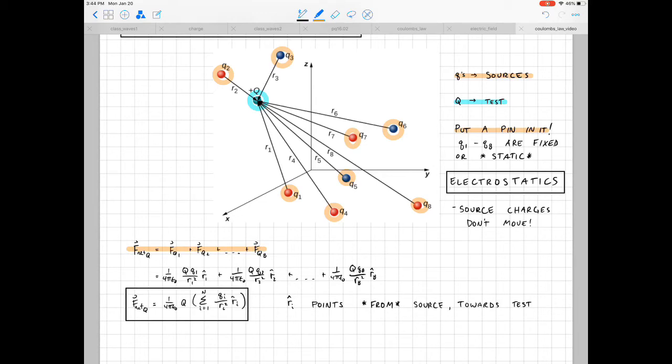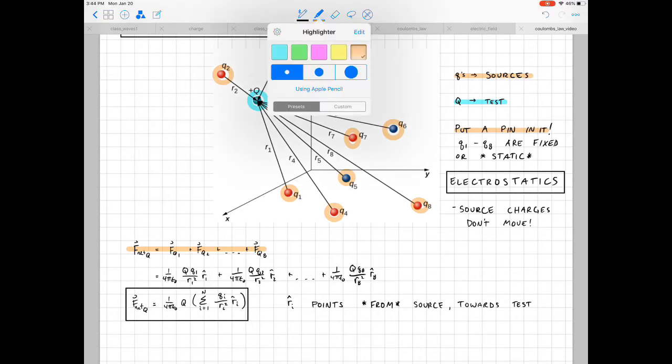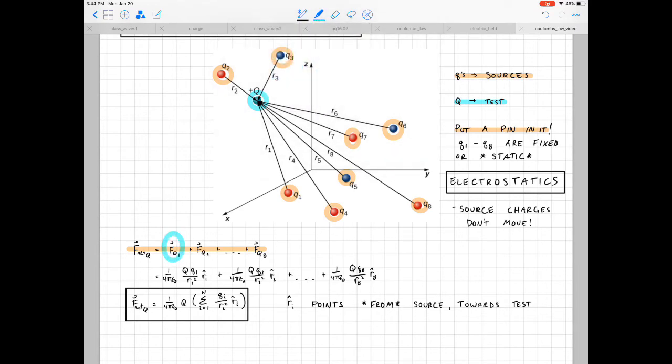I've got 8 different source charges, so I'm going to want to add up 8 different terms. So the force due to source charge 1, the force due to 2, etc., all the way up to charge 8. Right, so that's my objective.